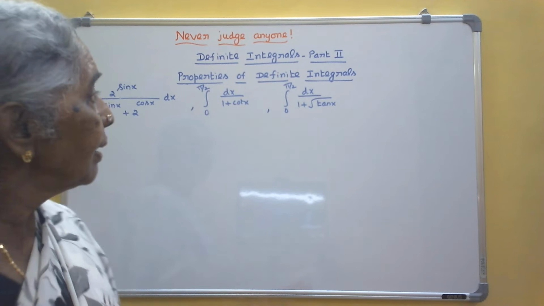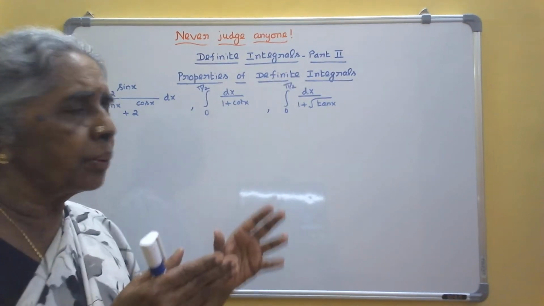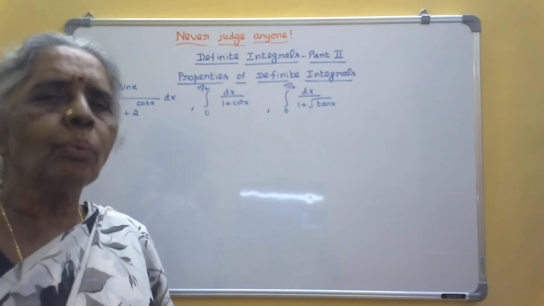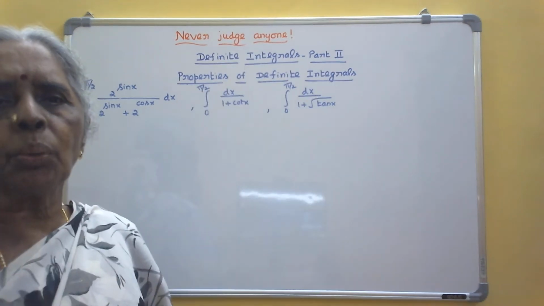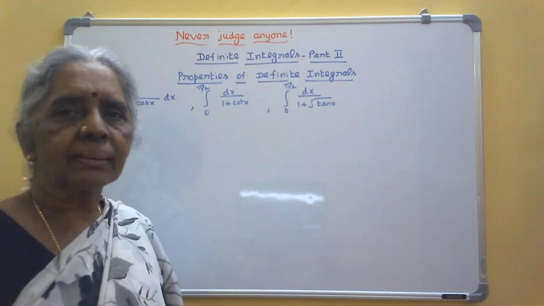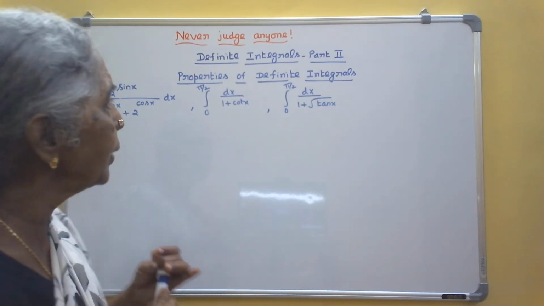Right. See here, these two, when you see them, don't straight away look like this pattern. But if you do one step, you will understand this also fits into that type which we discussed so far. Cot x you can write as cos x by sin x, correct? I will just show that part.